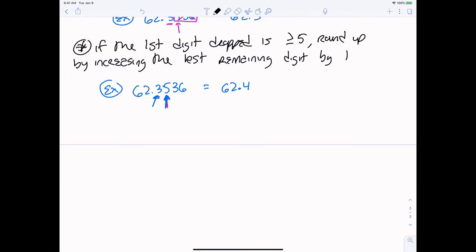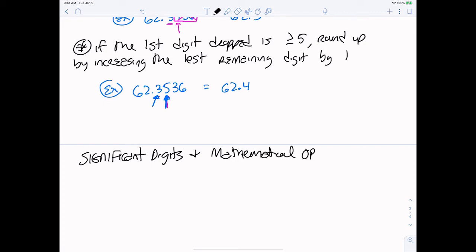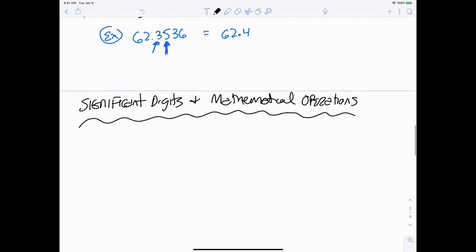Okay, significant digits and mathematical operations. We're going to have a different rule for addition and subtraction than we do for multiplication and division. Let's do multiplication and division first.